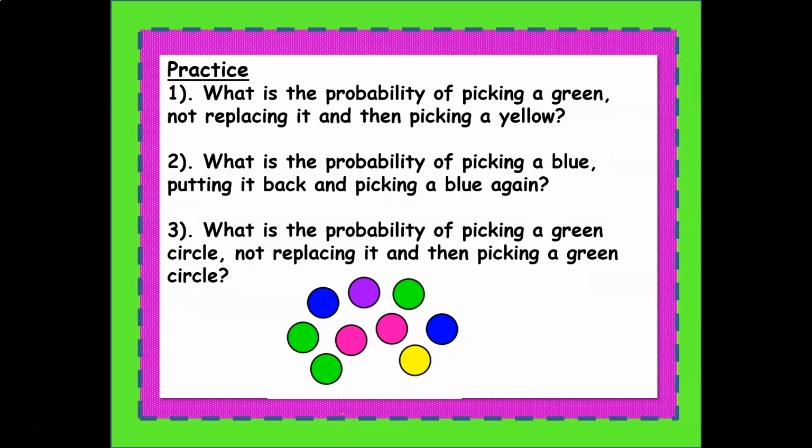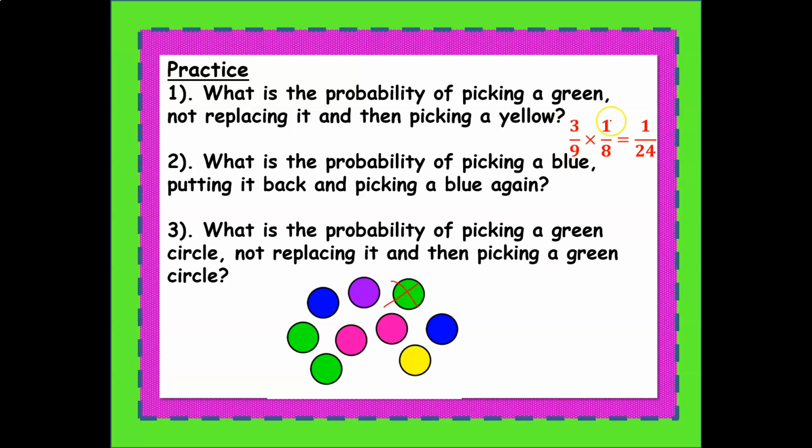So now it's time for you to try. What is the probability of picking a green, not replacing it, and then picking a yellow? So we take 3/9 because there's 3 greens out of the 9 counters for our green, but we don't replace it, and we get 1 out of 8 for our yellow.